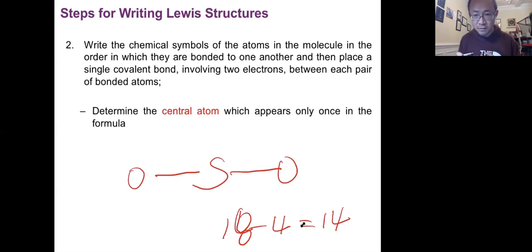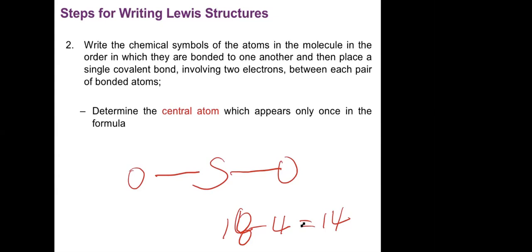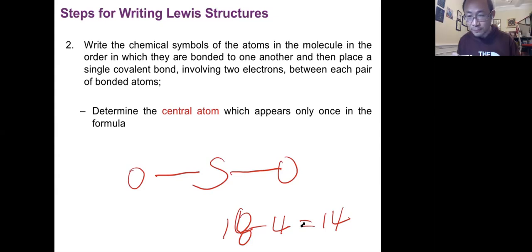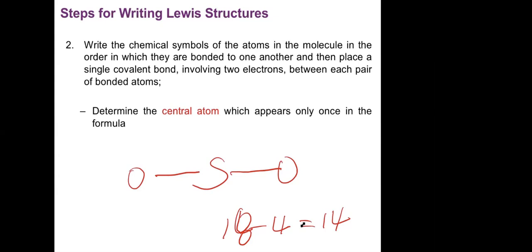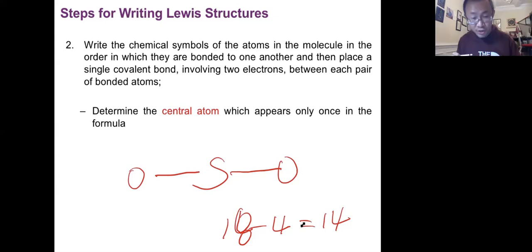Still with me, guys? Which part is unclear? How do we lose 4 of the valence electrons? Because you use 2 to make each bond. The bond contains 2 electrons. You have 2 bonds now.